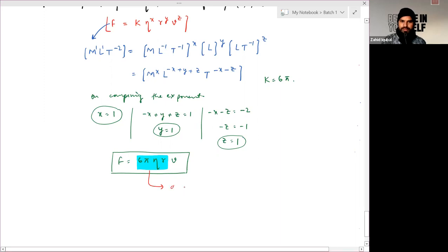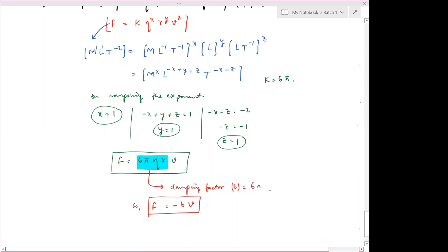So it is also called damping factor, denoted by B. So we may write the above expression as force is equal to B times some velocity V. And since this force is opposing in nature, there will be a negative sign. Hamza, is it clear? Yes, sir.